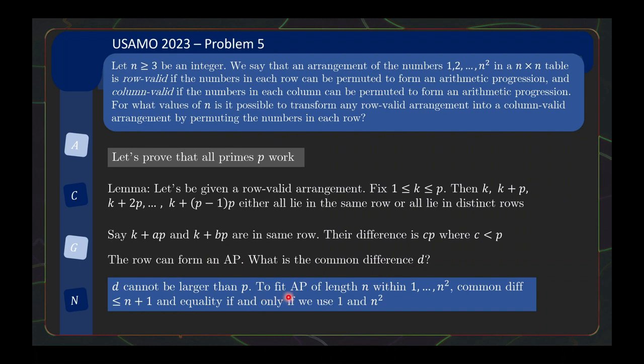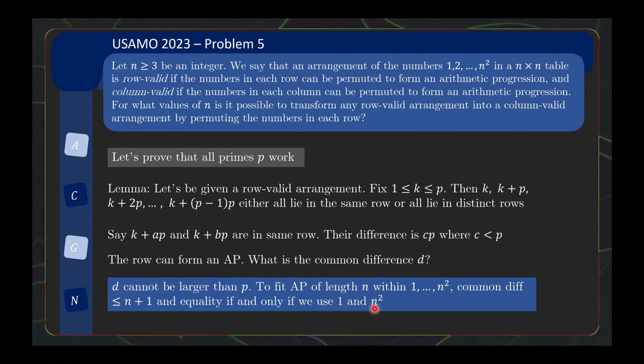To fit an AP of length n within 1 to n squared, the largest possible common difference is if we use 1 and n squared as the extreme ends of the AP and divide it up into n minus 1 equal intervals in between them, in which case the common difference is n plus 1. And you can only get this common difference if and only if we use both 1 and n squared.